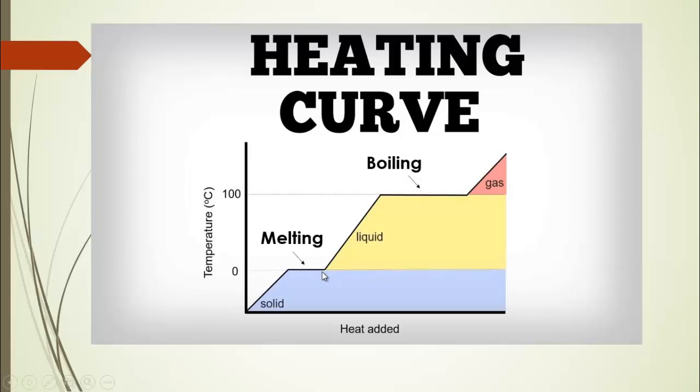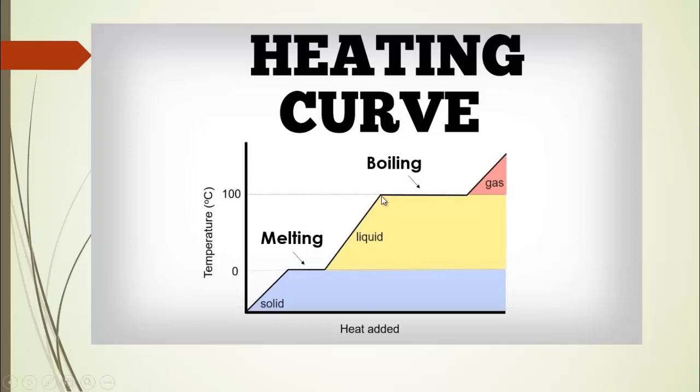Now when all the ice molecules are converted into water, it will now be present totally in liquid state and temperature is also increasing. Follow here. And when it reaches 100 degree centigrade temperature, then that liquid starts to boil. You know that 100 degree centigrade is the boiling temperature of liquid water.